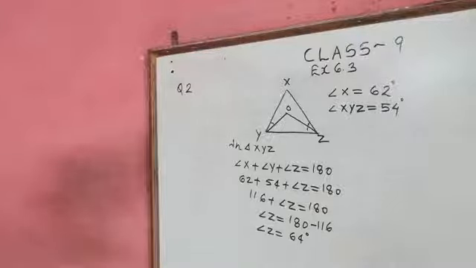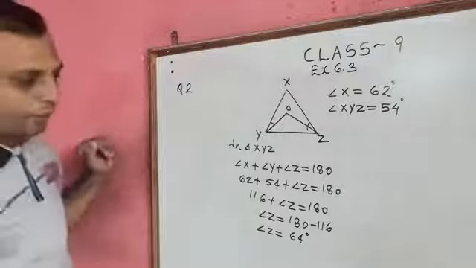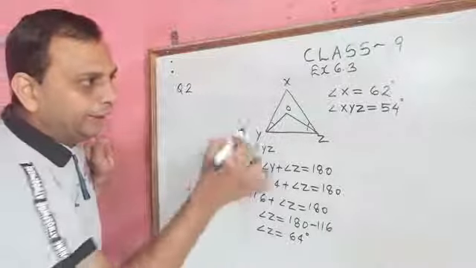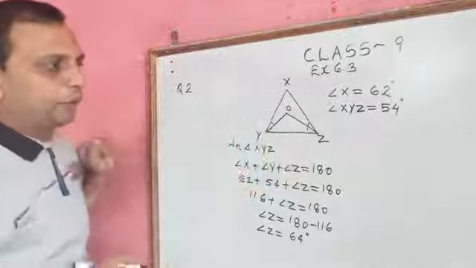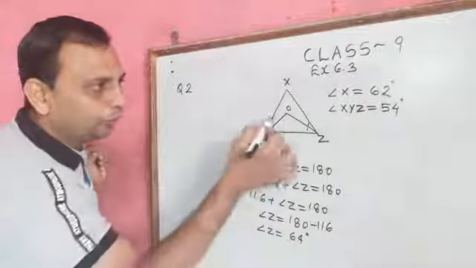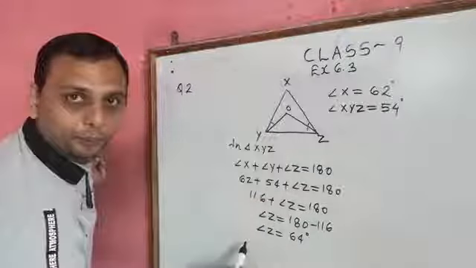Now, after finding the value of Z, we have to find the value of YOZ. I already told you it is given that OY is a bisector of angle Y. So that means OY is dividing the angle Y into two equal parts.